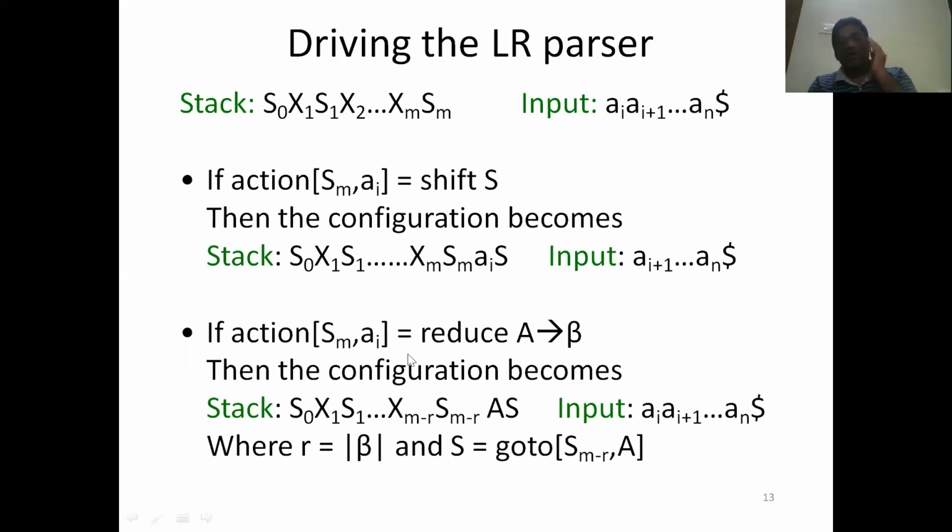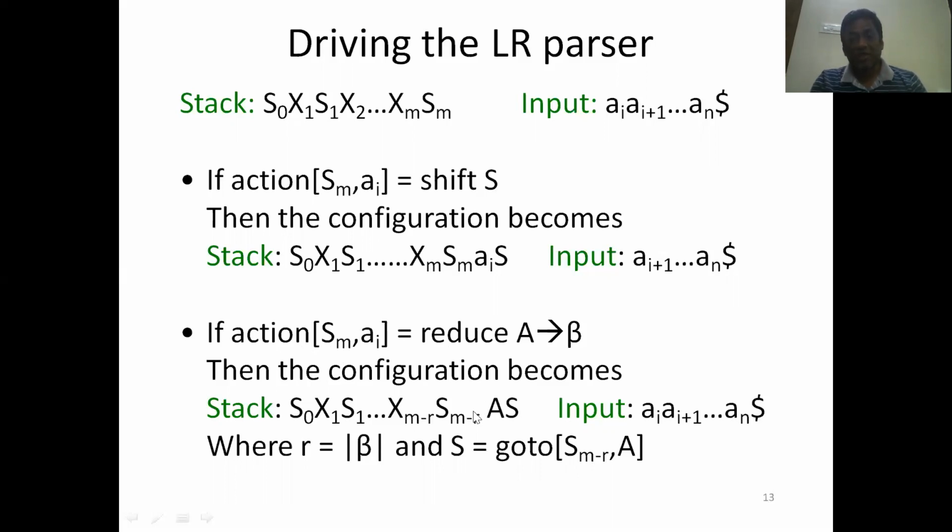Okay, and if the combination Sm comma ai represents a reduce operation from the table, then what you need to do is remove 2 times mod beta, that is, twice the length of beta symbols, from the stack.